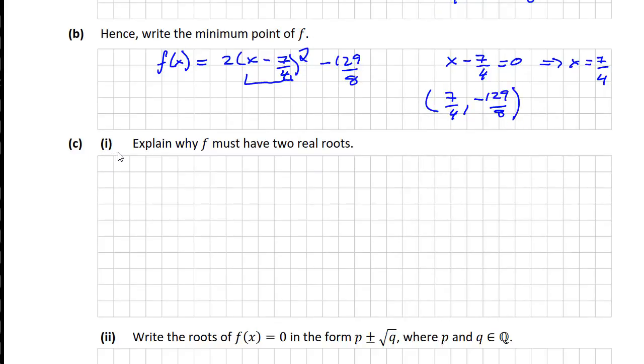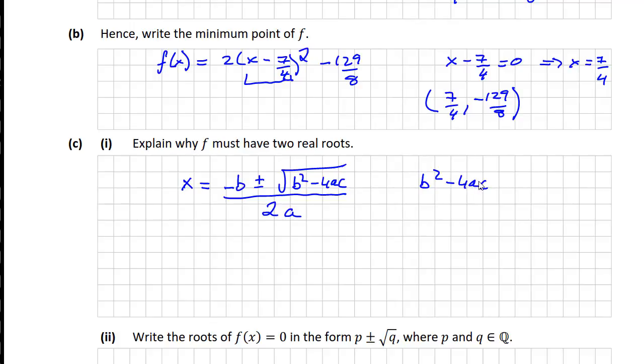So part C, part 1, explain why f must have 2 real roots. Okay, so it all depends on the discriminant. We know the roots are given by x is equal to minus b plus or minus the square root of b squared minus 4ac, all over 2a. So this term here, b squared minus 4ac, is called the discriminant.